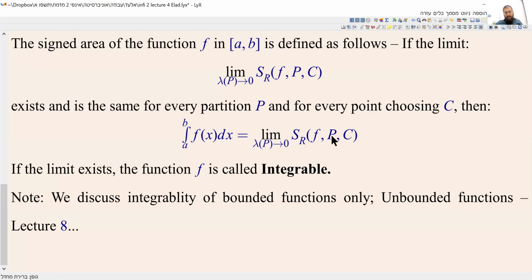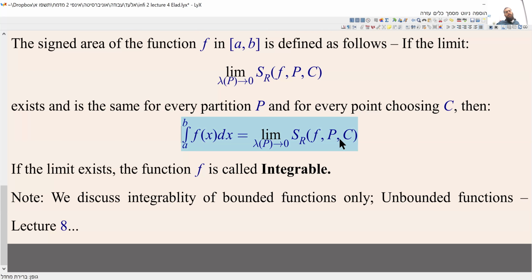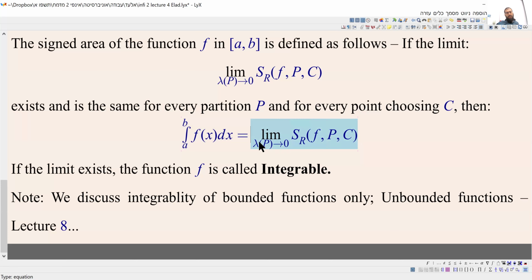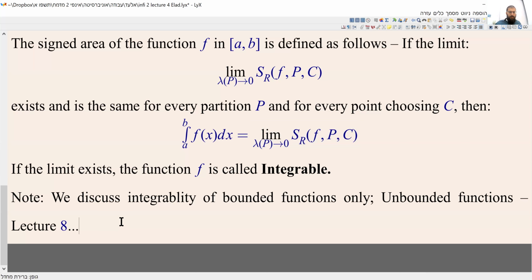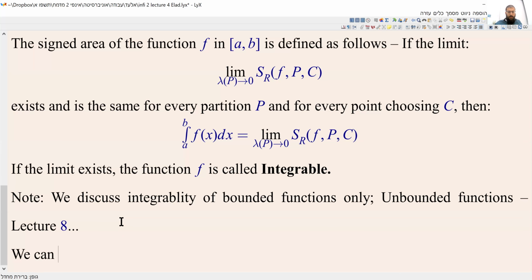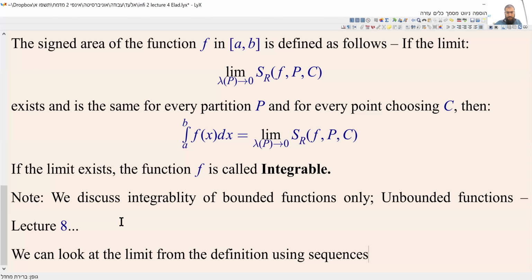So to make it a bit easier, not easy, but a bit easier, we can look at this limit from the definition using sequences.